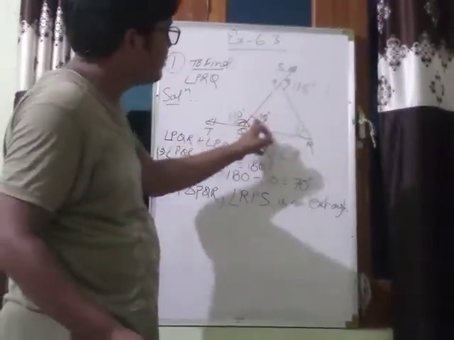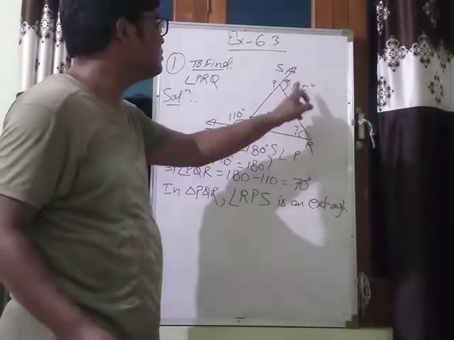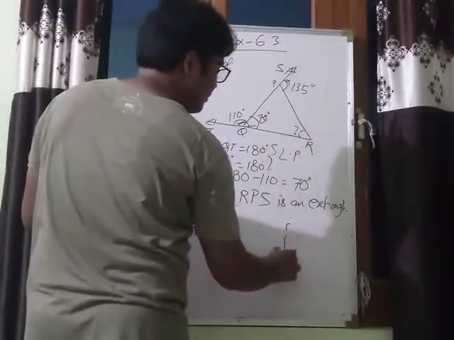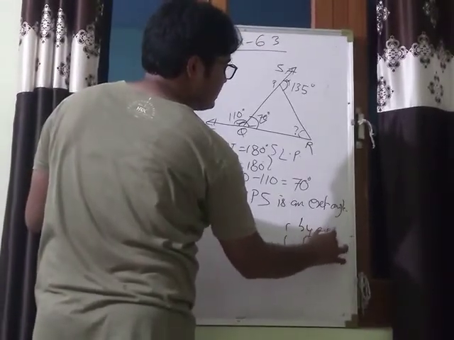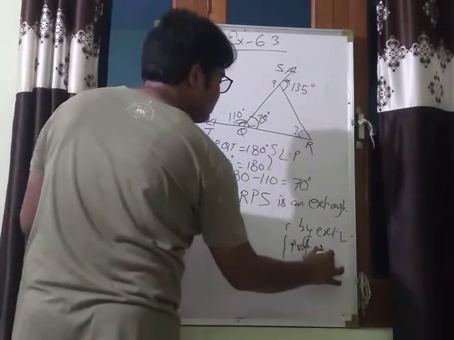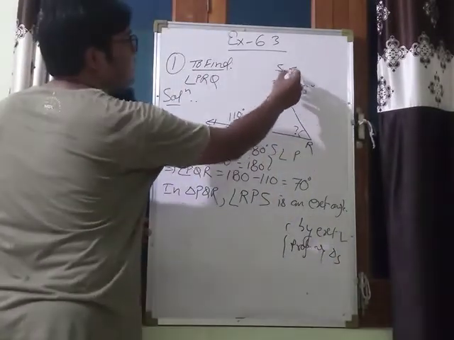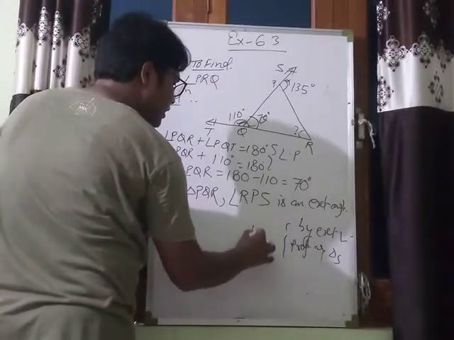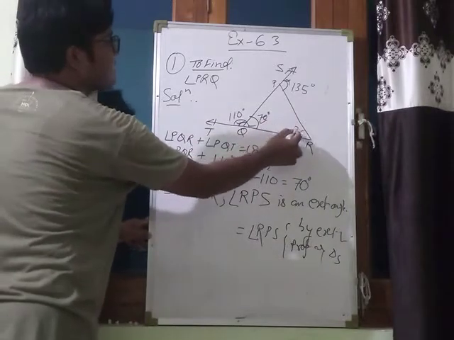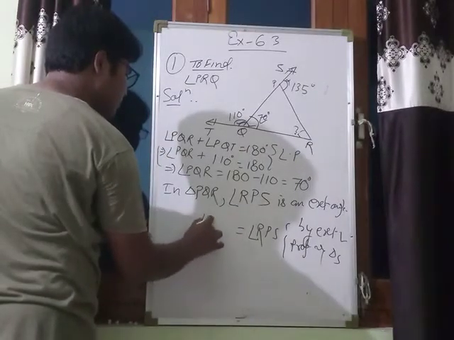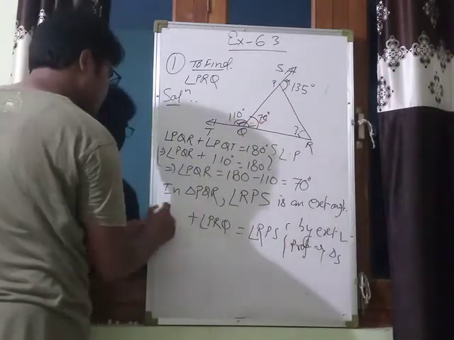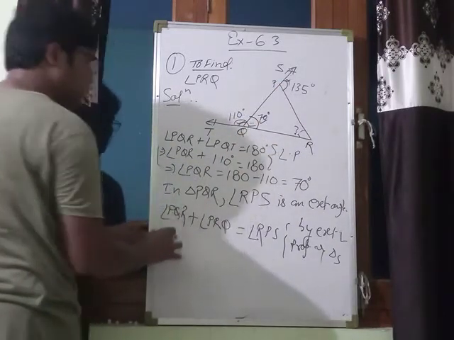The exterior angle is equal to the sum of interior opposite angles. So by the exterior angle property of triangles, angle RPS equals angle PRQ plus angle PQR.